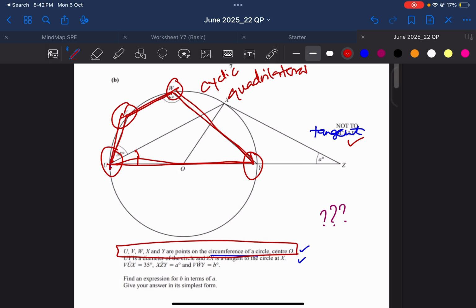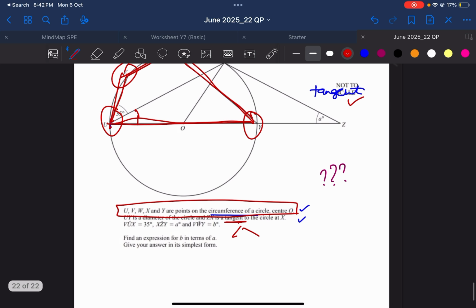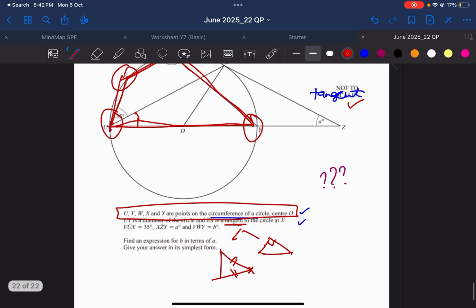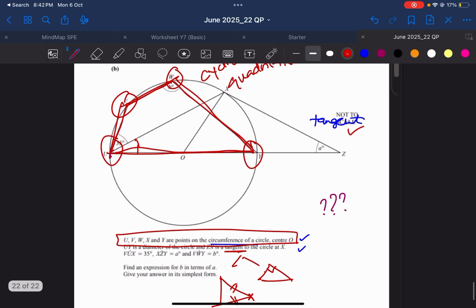That's the only reason. Below this, there were two tangent properties: either tangents meeting from outside at one point, forming an isosceles triangle, or radius and tangent at 90 degrees. So again, for us to remember this, we must memorize all the properties of the circle, and then we find the keywords.